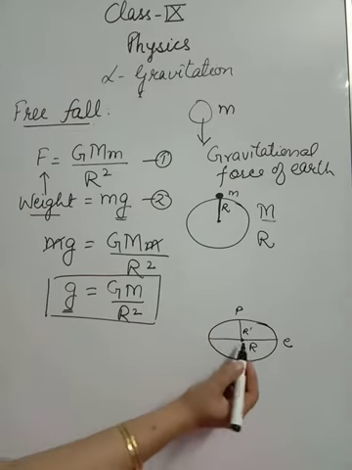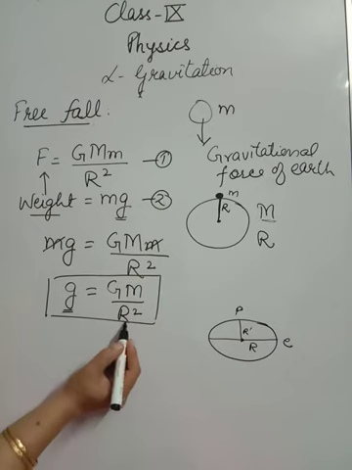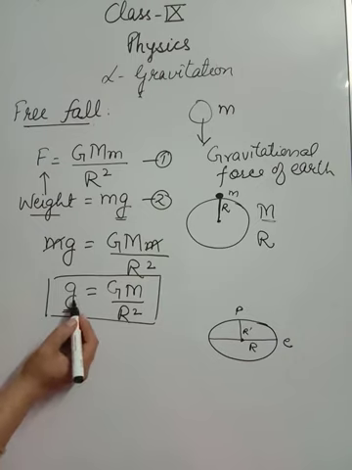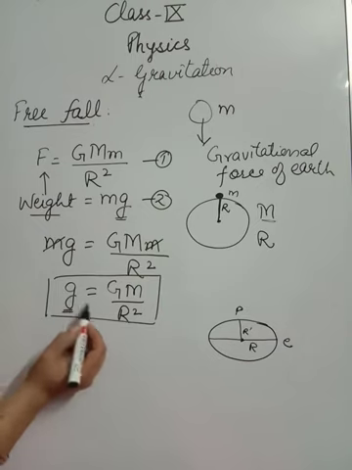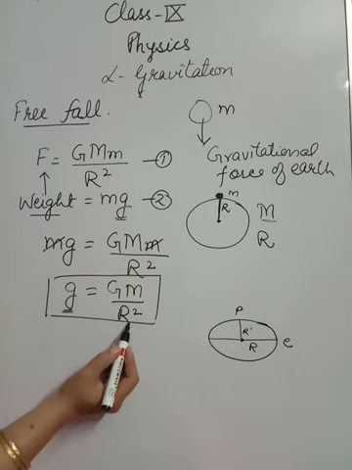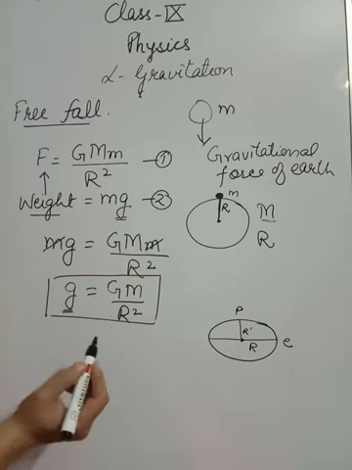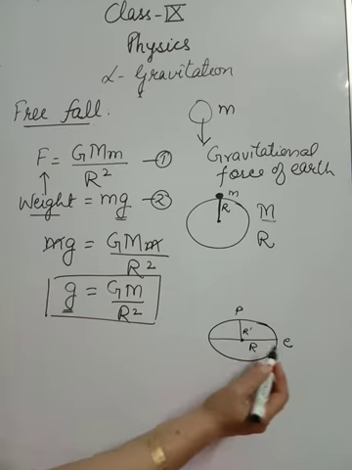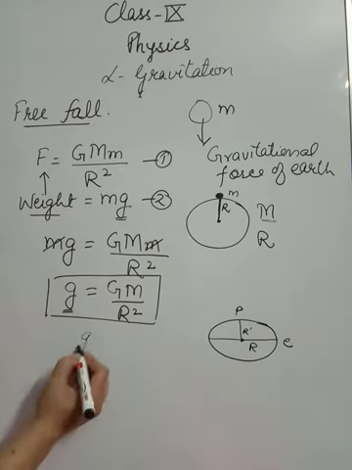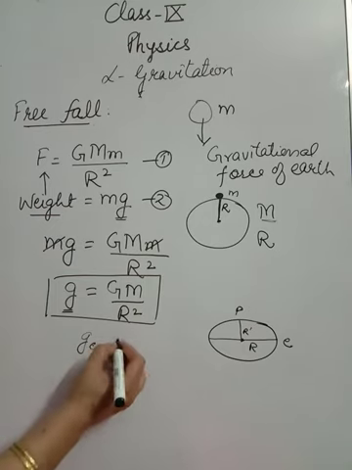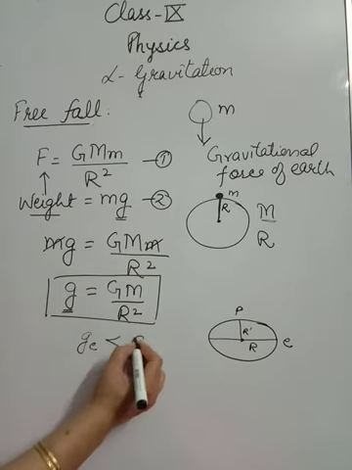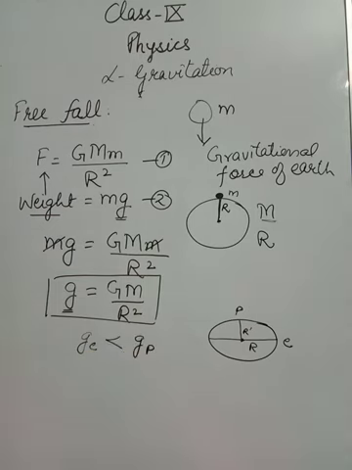So wherever r is greater, the denominator will be greater and g will be lesser, because g is inversely proportional to the square of the radius of earth. So the value of g at equator will be less than the value of g at pole.